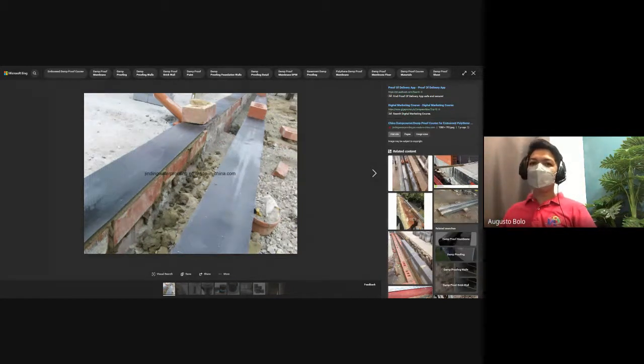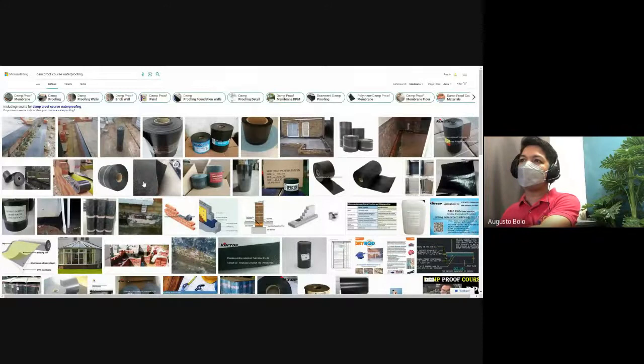So damp proof is a waterproofing sheeting used to protect your basement or any other parts of an external envelope na might as well magkakaroon ng problem in the future.